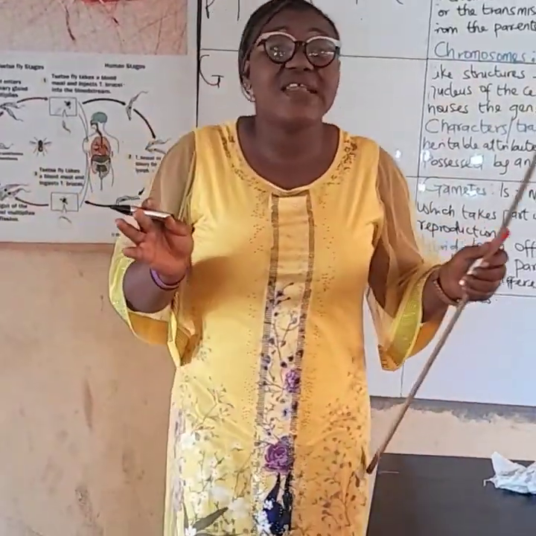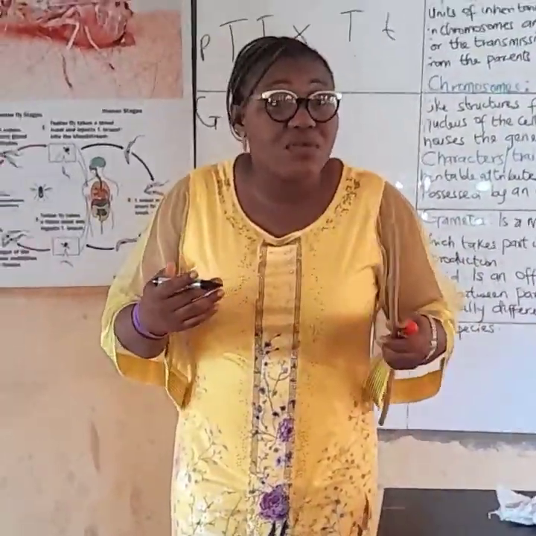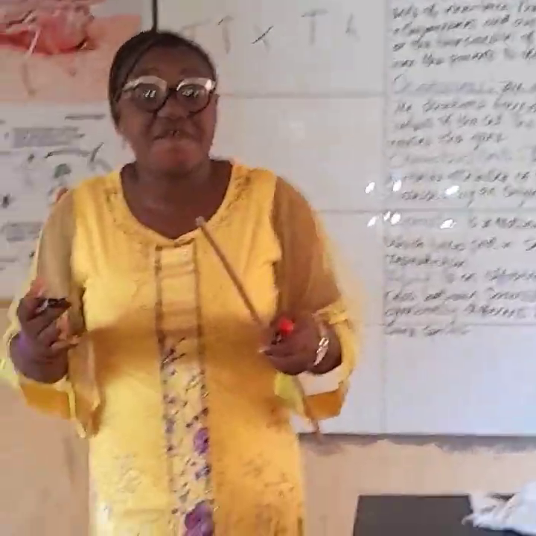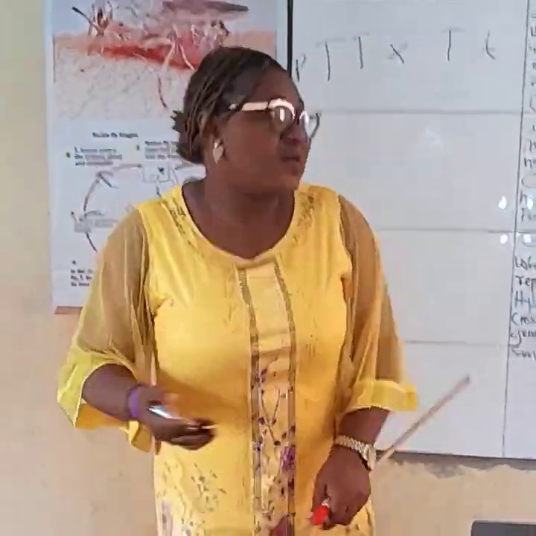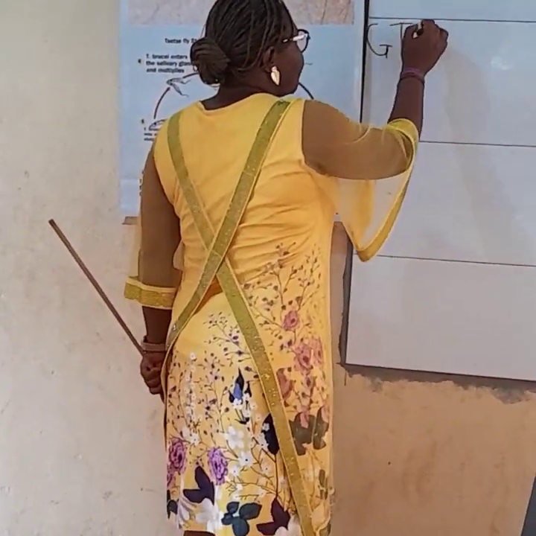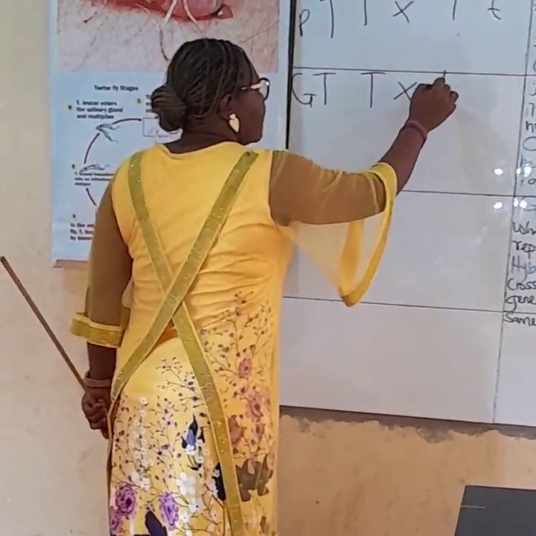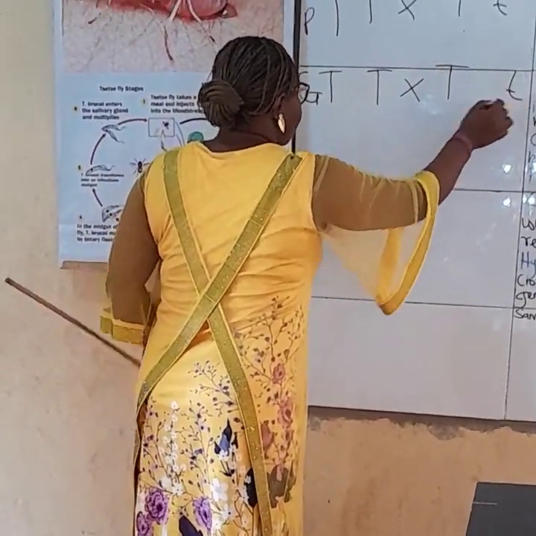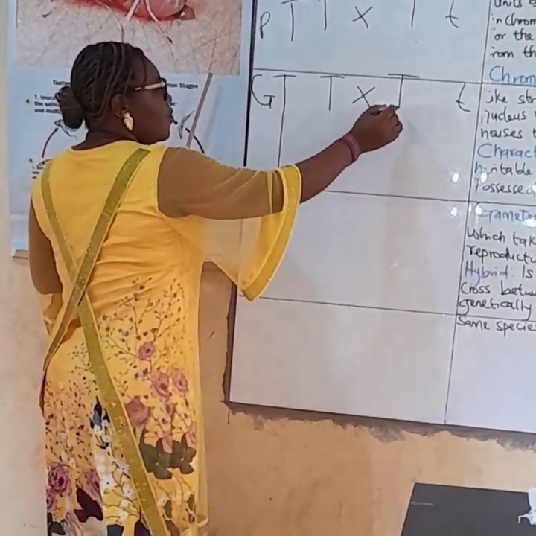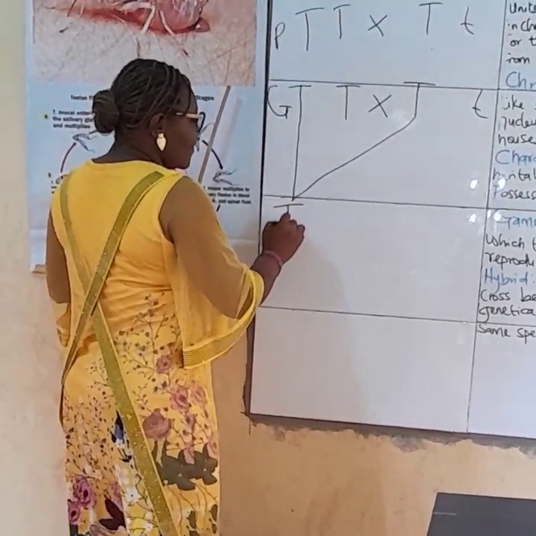So we even have it in plants. Plants have their own, we call that of the male the pollen grains, and that of the female gamete the ovaries. So now let's do some crossing. You spread it, TT, put the sign of multiplication, Tt. So you now cross this one, you bring it with this one, it will give you capital TT.